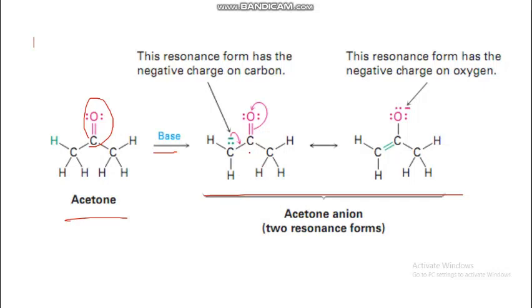One form contains a carbon-oxygen double bond and has a negative charge on the carbon. Ayan. On the other form of the anion naman, a carbon-to-carbon double bond and has a negative charge on oxygen.